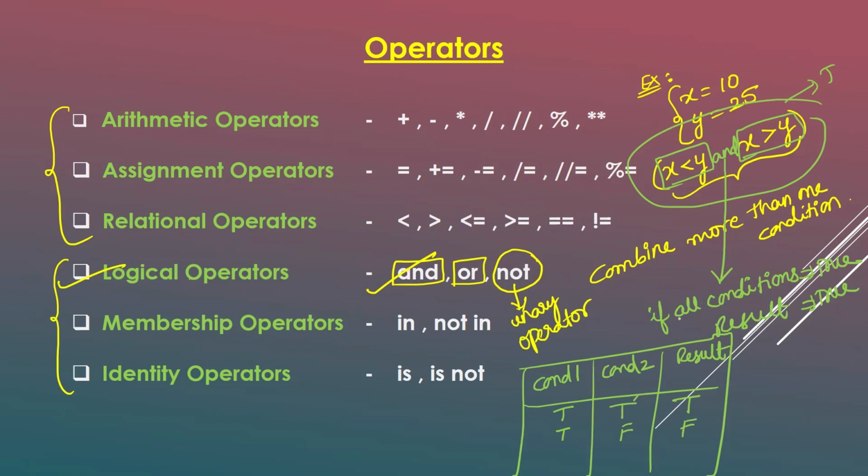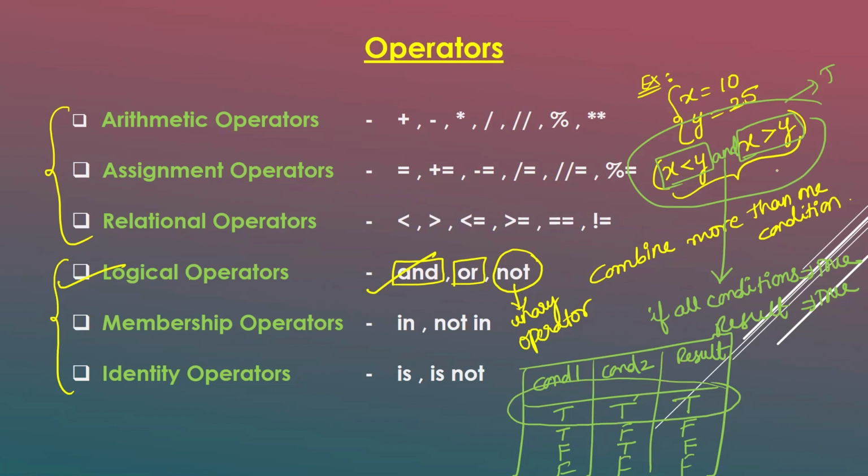The definition is that all conditions must be true to get the result true. If the first condition is false and the second condition is true, the result will be false. If both conditions are false, also false. In the AND operator, all conditions must be true, and only then the result will be true. This is the AND operator.